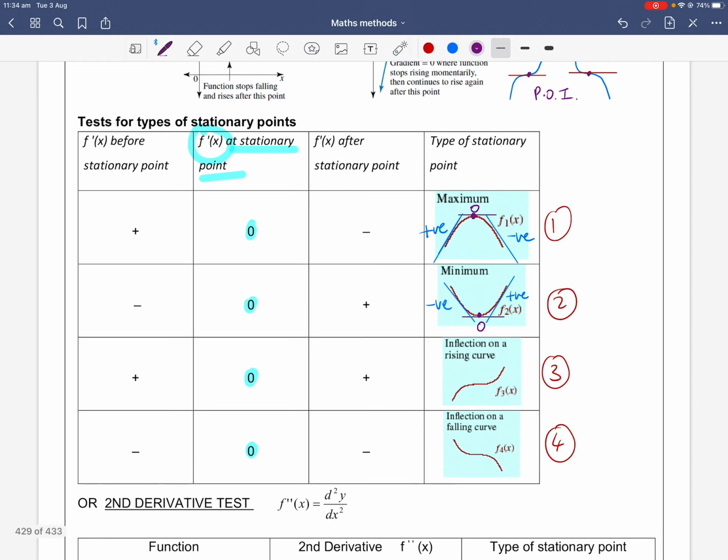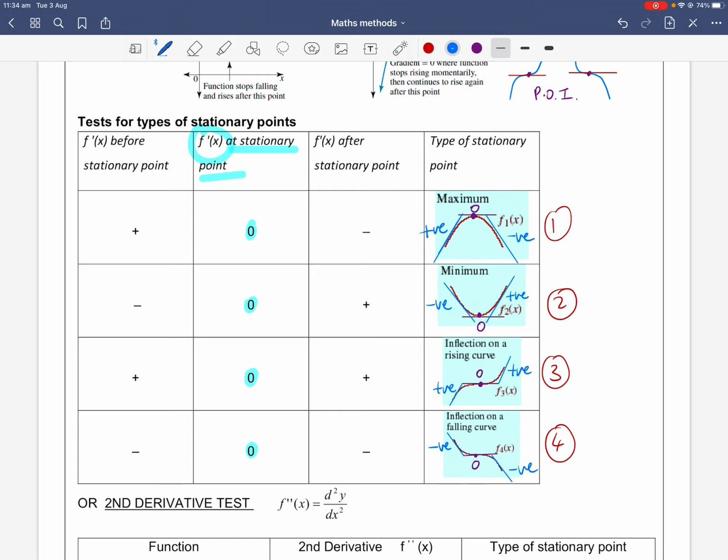And then if we look at the 2 different points of inflection, at the point of inflection the gradient's got to be 0, but a little bit left, it's going to be positive because the tangent's pointing upwards, and a little bit right of that stationary point is also going to be positive. But in the 4th case, we have negative gradient, then flat at the point of inflection or the stationary point, and then going downwards our tangents would have negative gradients again.